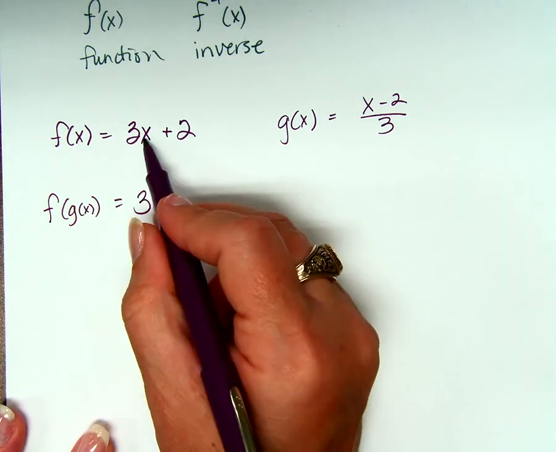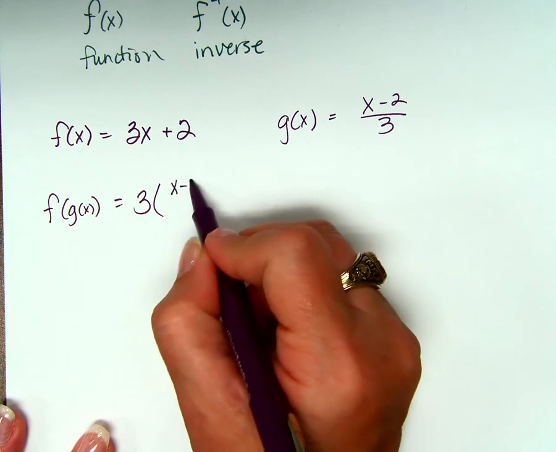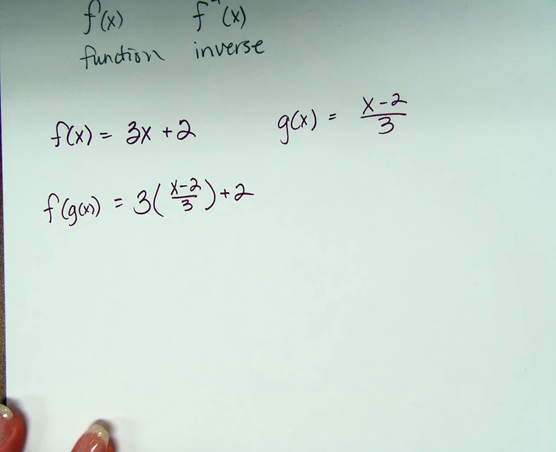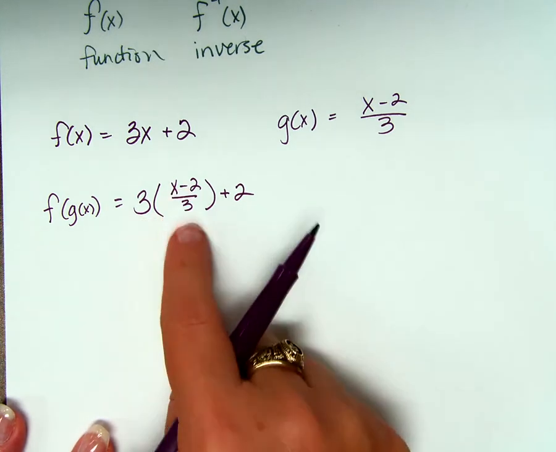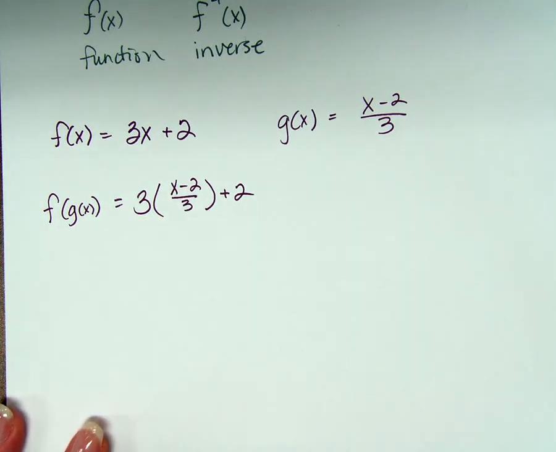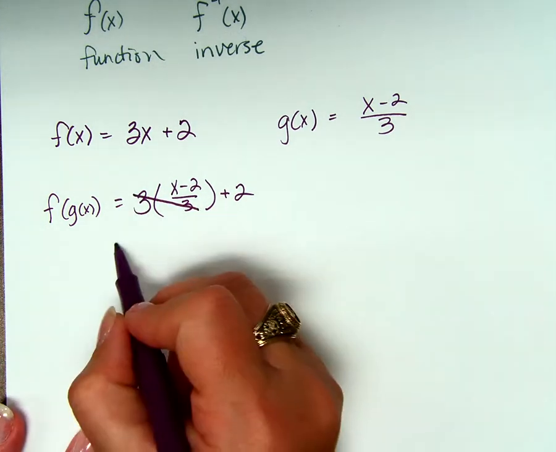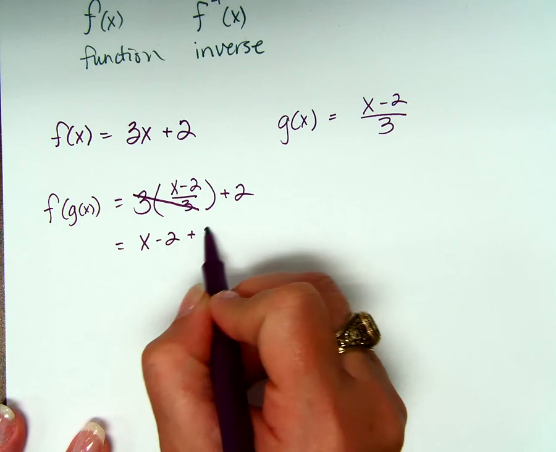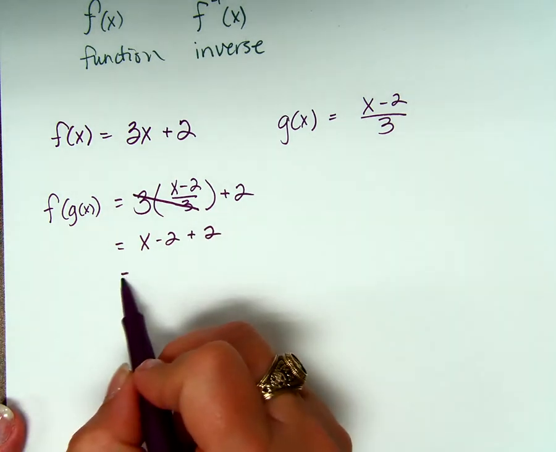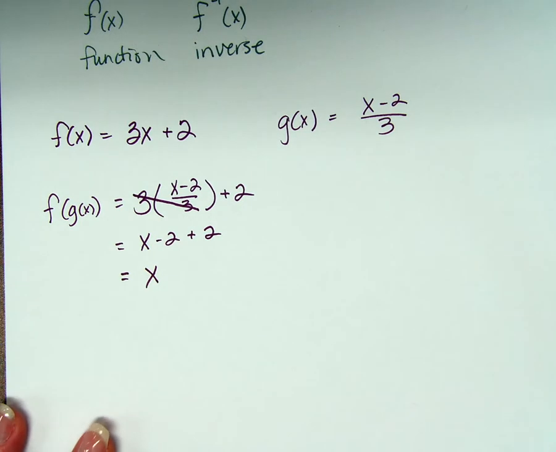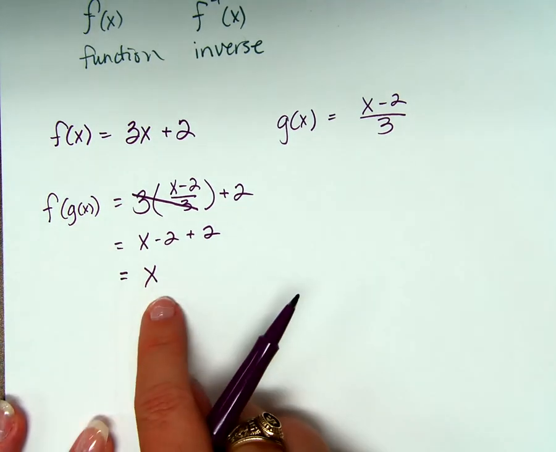Anytime we get to the x, we write g of x. Well, 3 times anything divided by 3, what's happening to those 3's? Those are canceling. Those are simplifying to 1, right? So I get x minus 2 plus 2, which equals x. So I've done f of g of x, and I got x.